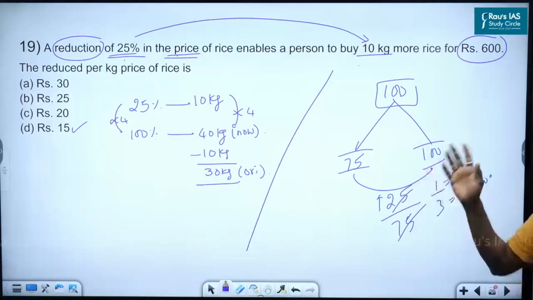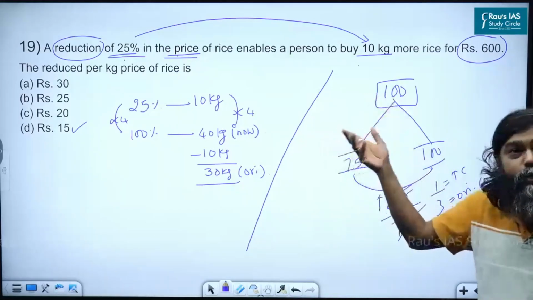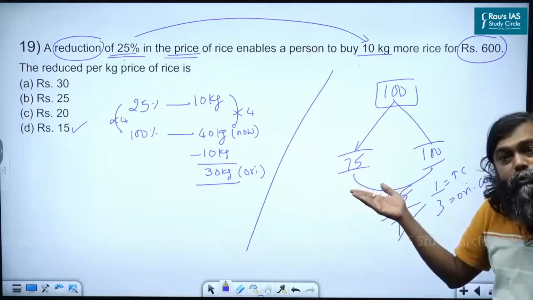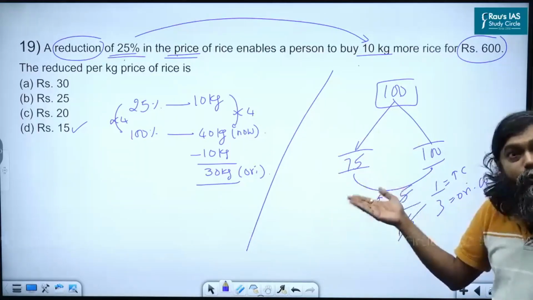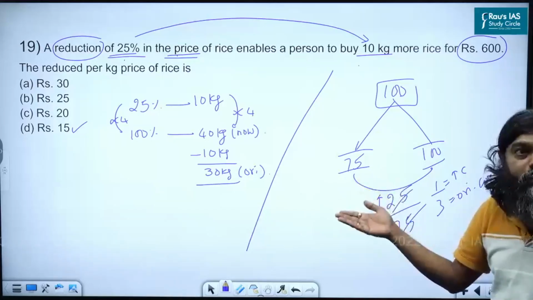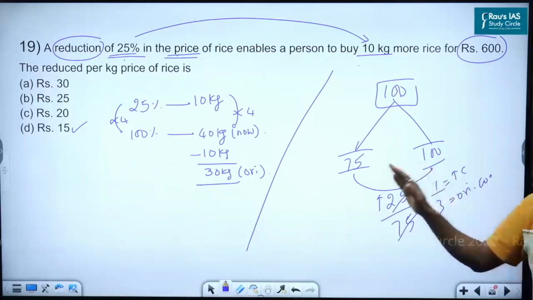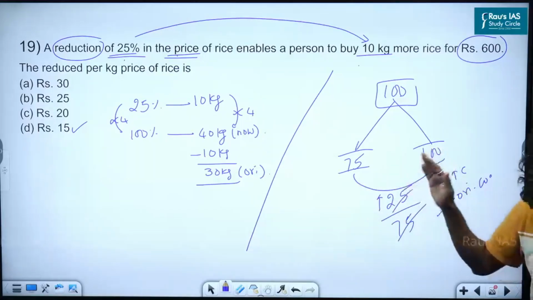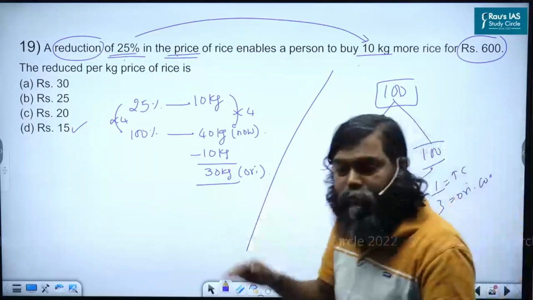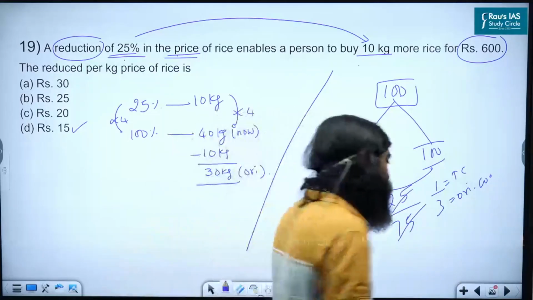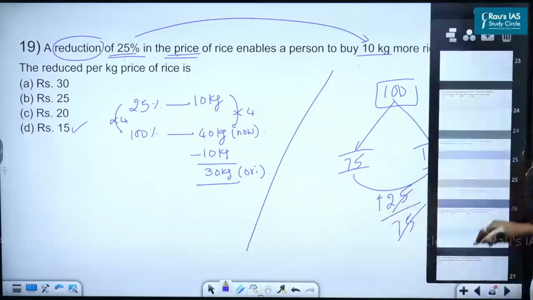To purchase the same quantity you require 130 rupees, but the question does not allow you to spend 130. It allows you to spend 110. So you have to decrease your expenditure, which means you have to decrease the consumption. Tell me what is the answer.